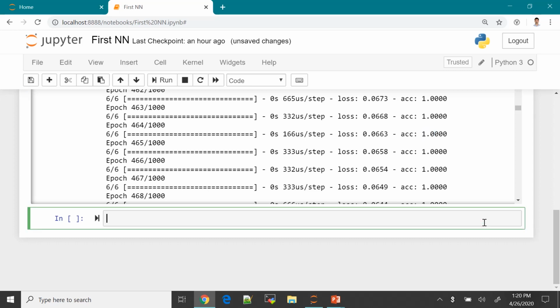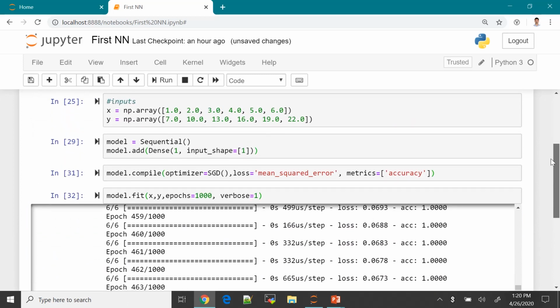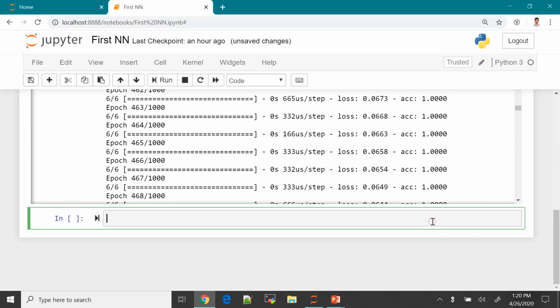Now we have used 1, 2, 3, 4, 5, and 6 for x. We didn't give x beyond 6. So let's take some number, for example, x equal to 11.